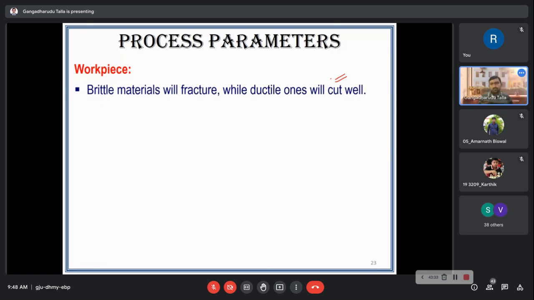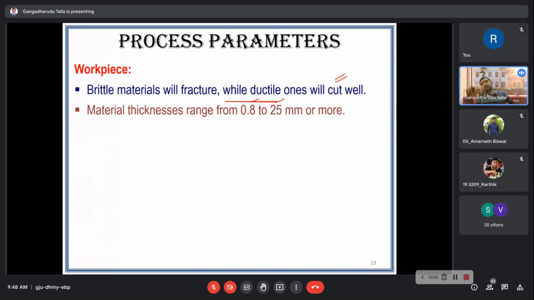Brittle materials it can also cut, but accuracy will be less because of breakage of the workpiece material. Material thickness ranges from 0.8 to 25 mm or more, depending upon the material properties. If you are cutting soft material, depth can be high. If the material is very hard, then you can cut only thin foils.